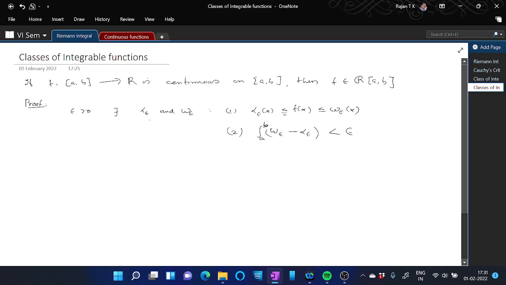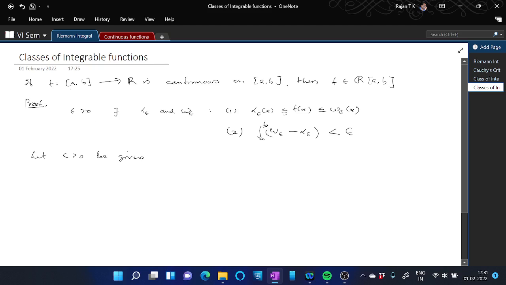So how to find this alpha epsilon and omega epsilon corresponding to an epsilon greater than 0 taken? So let's start with an epsilon greater than 0. Let epsilon greater than 0 be given.